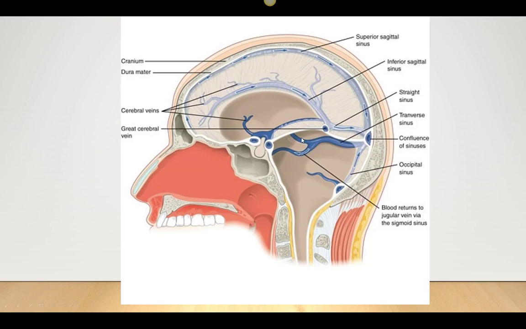That hasn't been shown here. This one should have continued as one vein and become the internal jugular vein, it just hasn't been shown here. But in the next picture, we totally have the continuation of that becoming the internal jugular vein. So this is the posterior circulation.